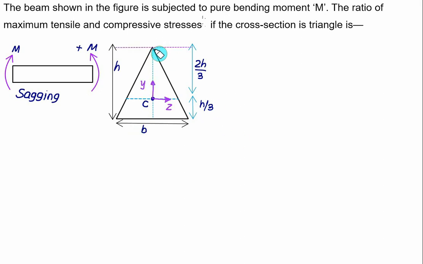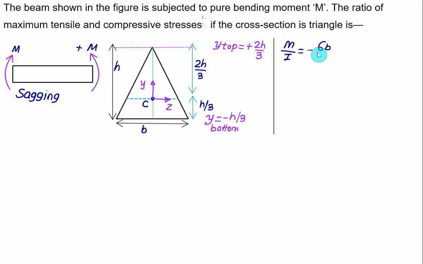So for the top fiber, the value of y top will be a positive value, 2h by 3. And since the base is below the centroid, the y value will be taken as negative, minus h by 3. So we know the distance of the top fiber and the bottom fiber, and the flexure formula is M by I is equal to negative sigma b divided by y.